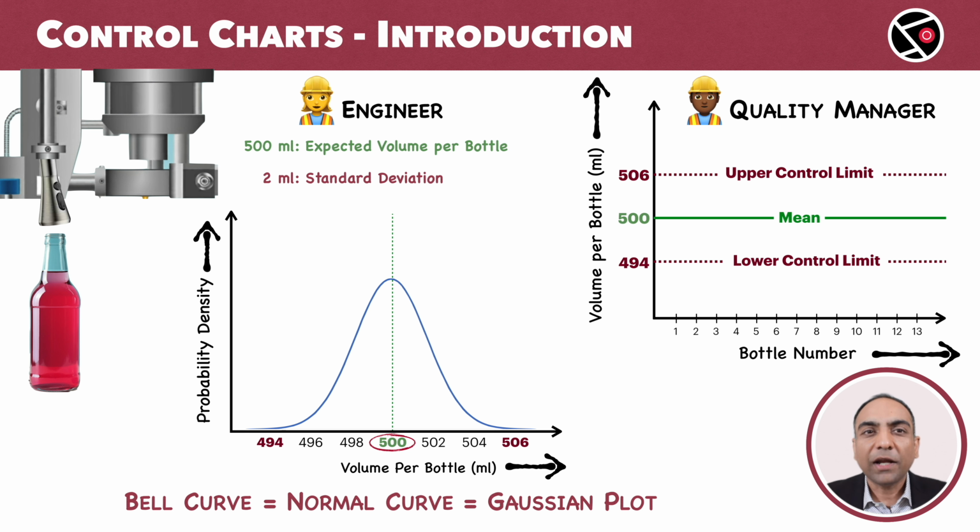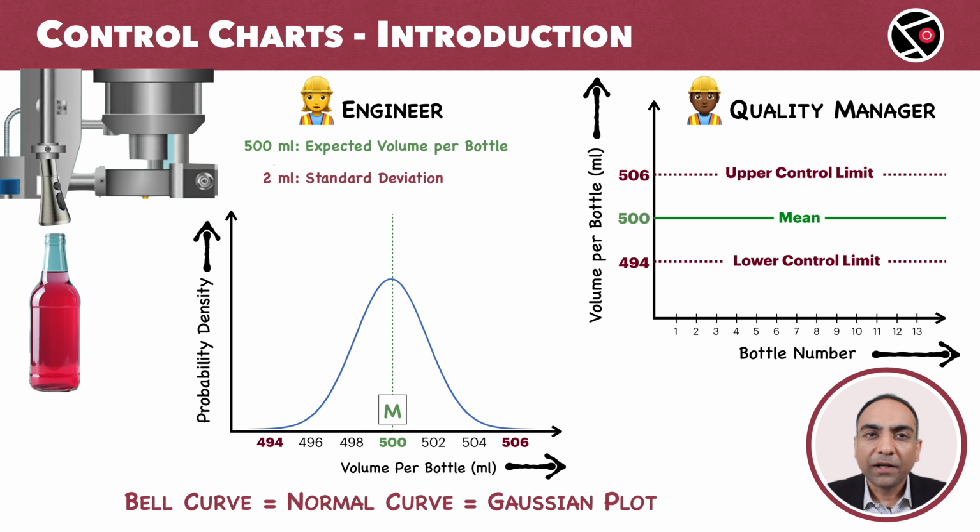No machine can ensure that all bottles will have exactly 500 ml. This is impossible. But this plot tells us that if we fill a bottle using this machine, we are most likely to have 500 ml. 500 ml is the mean or the expected volume. This is the first number from the engineer.